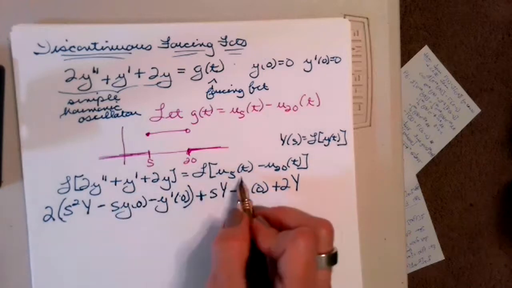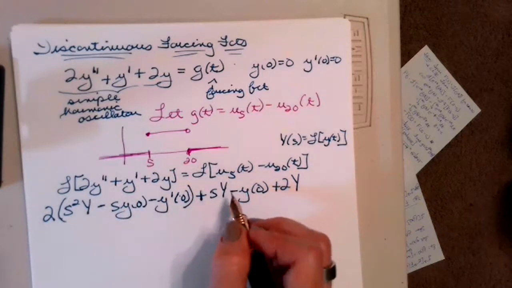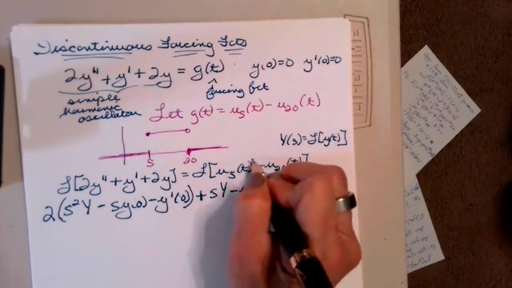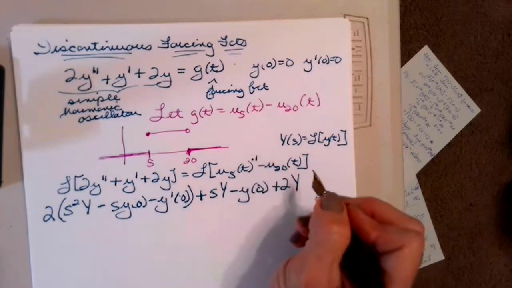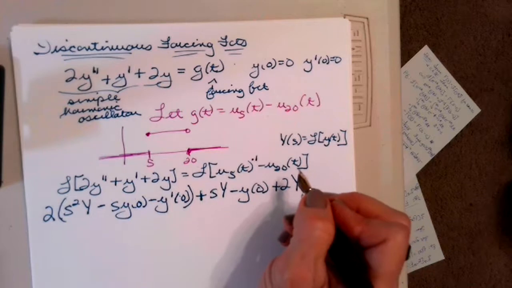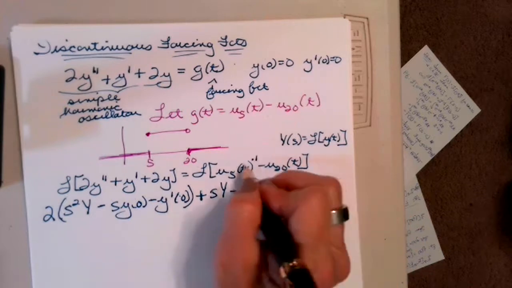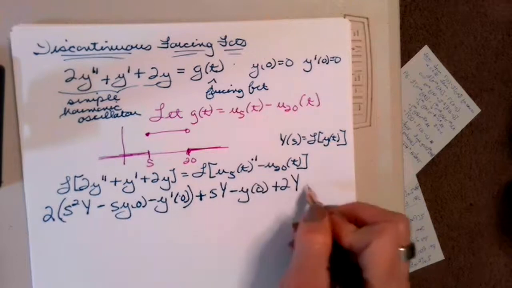And that's going to be equal to the Laplace transform of u5 of t. So if you look that up, that's u5 of t times 1. And so the Laplace transform theorem that we had before says that's going to be the Laplace transform of 1, which is 1 over s.